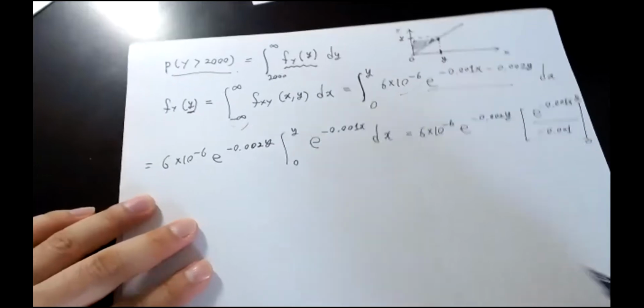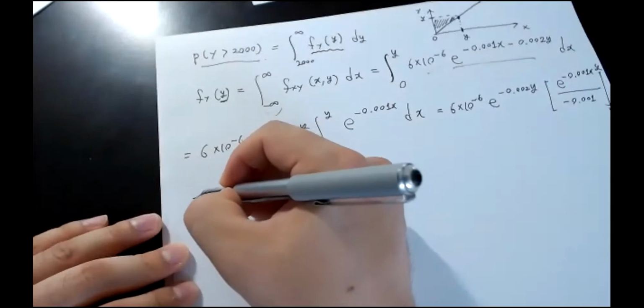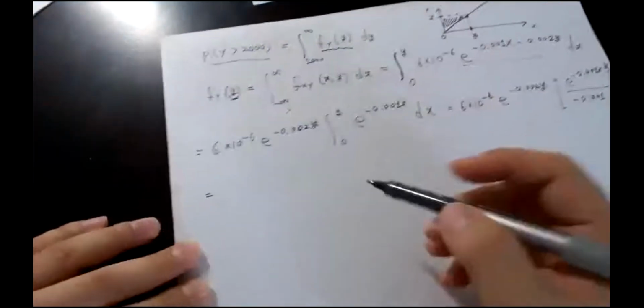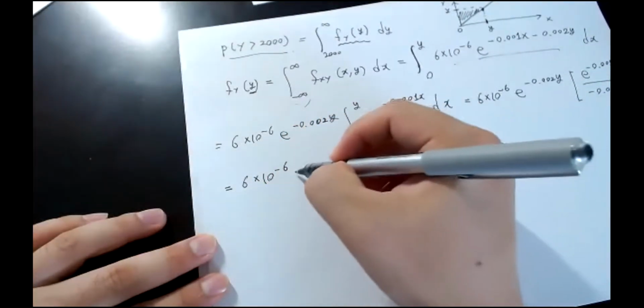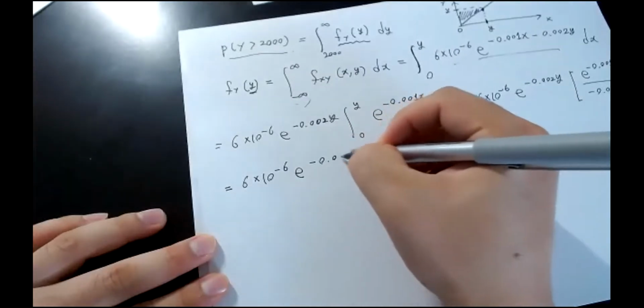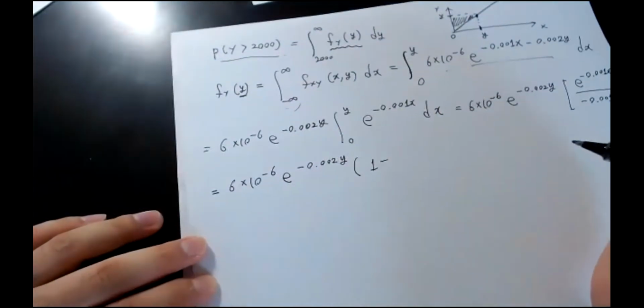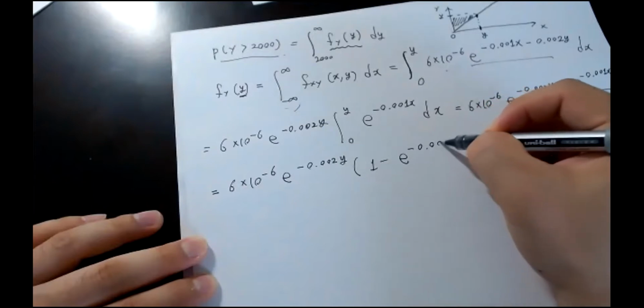Okay, I'm sure that you can evaluate this one, right? This is going to be equal to 6 times 10 to the negative 6 times e to the minus 0.002y times 1 minus e to the minus 0.001y.